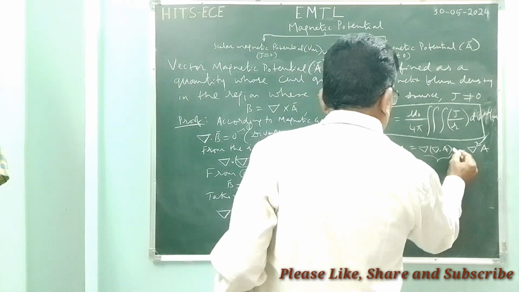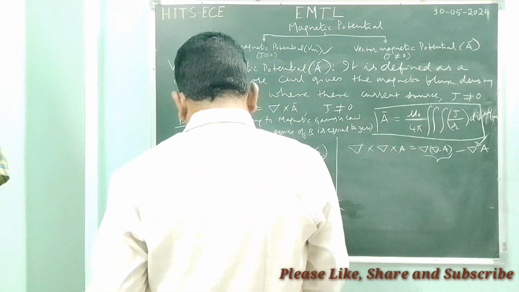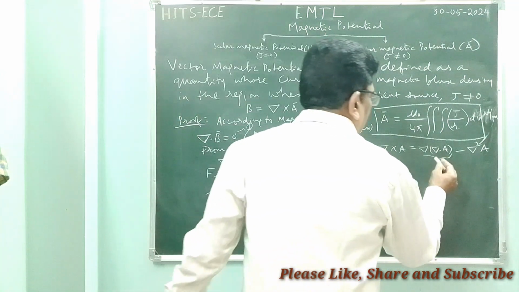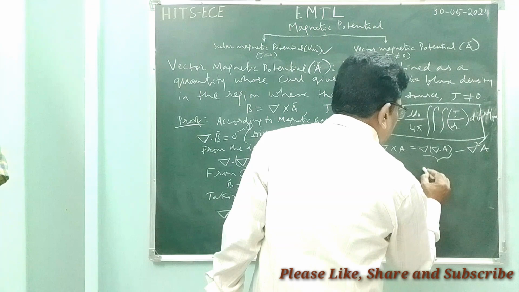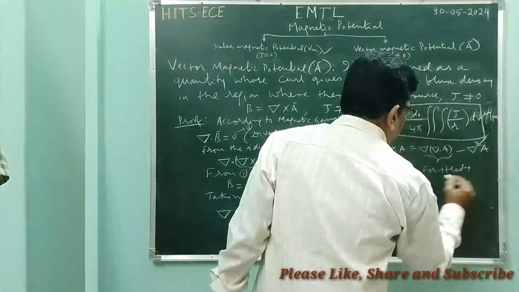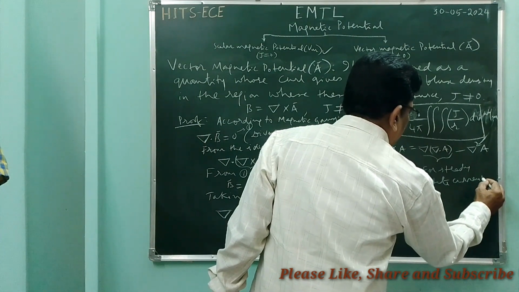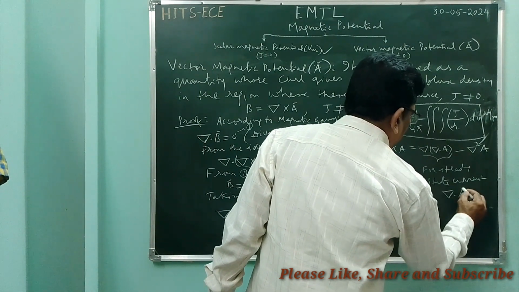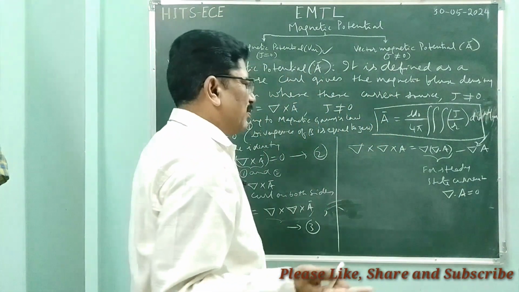This one, del of del dot A, is equal to 0. Why? Because the current is constant, so for steady state current del dot A is equal to 0. The differentiation of a constant will be equal to 0.